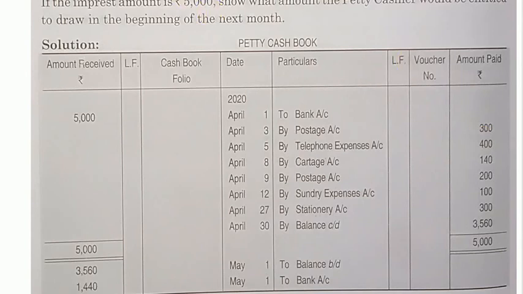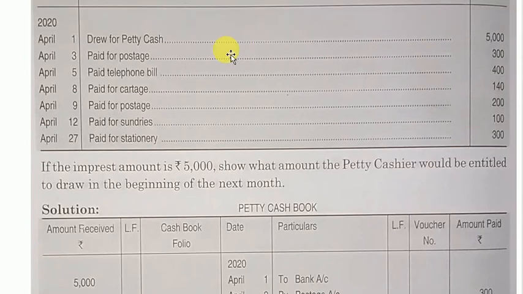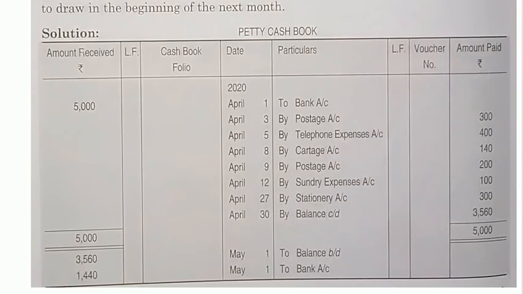And now another transaction: paid telephone bill on April 5th, 400 rupees. This is also recorded on the right hand side with an entry of 'By Telephone Expenses' in the amount paid column, 400 rupees on April 5th.